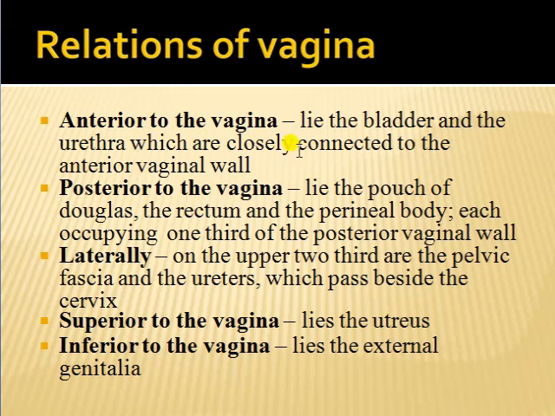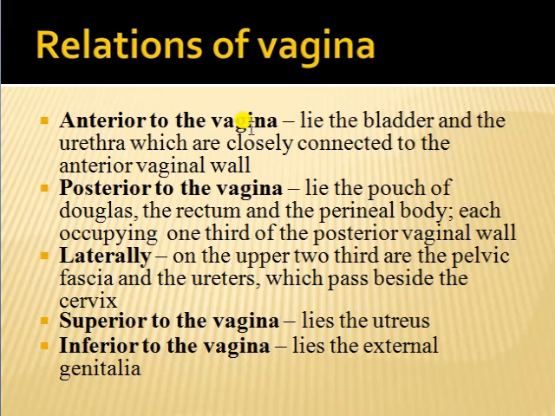Anterior to the vagina lie the bladder and urethra, which are closely connected to the anterior vaginal wall. You know, the urethral orifice is also present in the external genital organs.